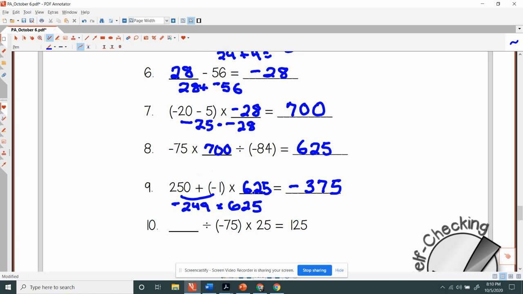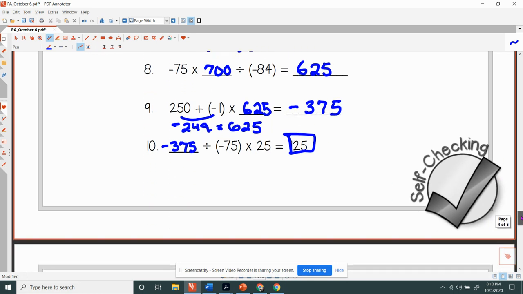Then negative 375 divided by negative 75 times 25 will equal 125. I'm going to check on my calculator. Equals 125. Perfect. Okay.